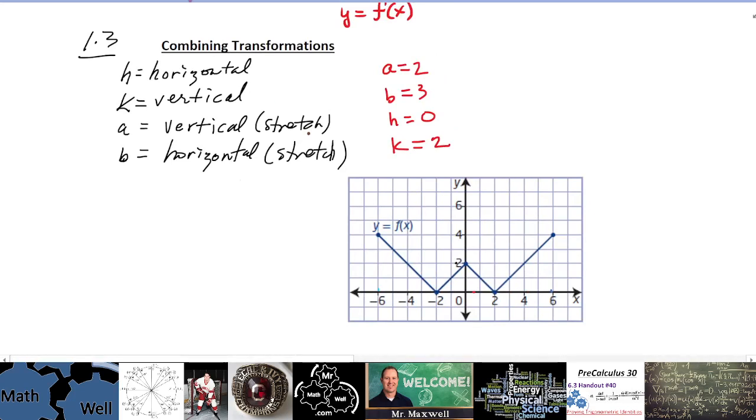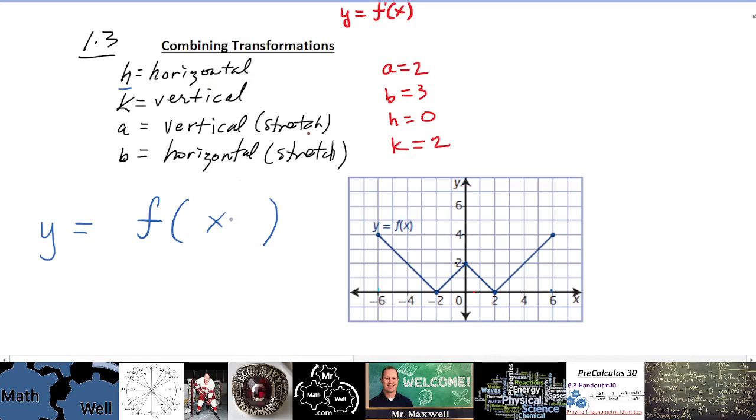While you're doing that, let's just remind ourselves that the h is a horizontal translation. And you know what I'm going to do? I'm going to build this. Here's our y equals f of x, the blue. So the h is our horizontal translation.